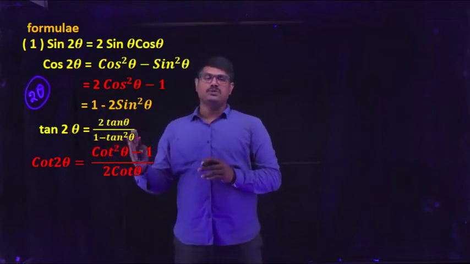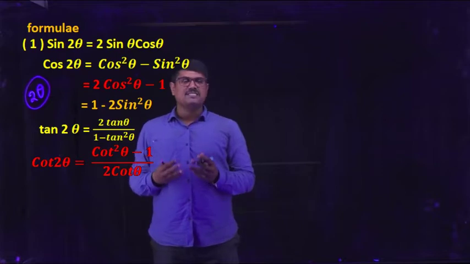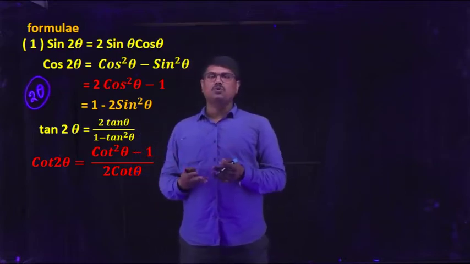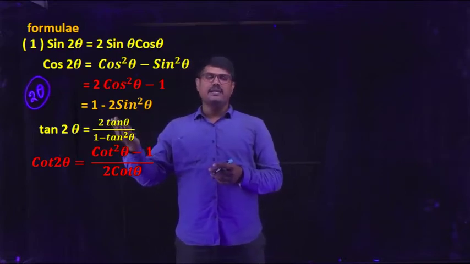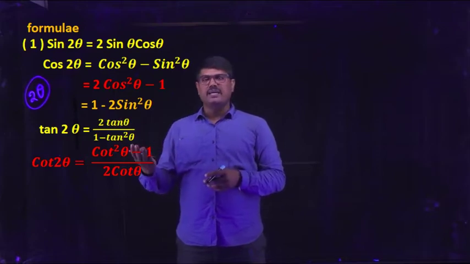Generally there are 4 ratios. If you need cosecant or secant, it is better to change cosecant to 1 by sine and secant to 1 by cos.